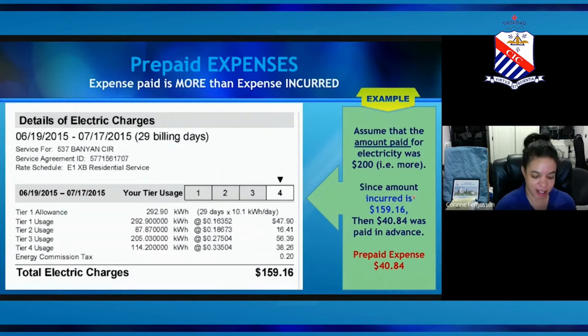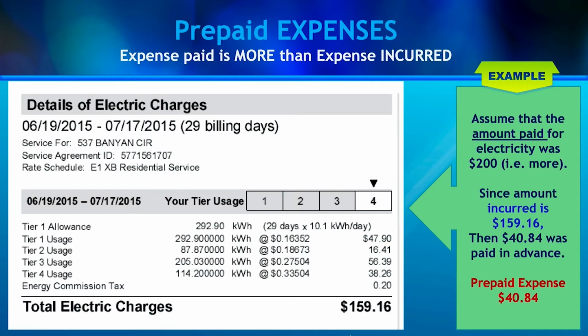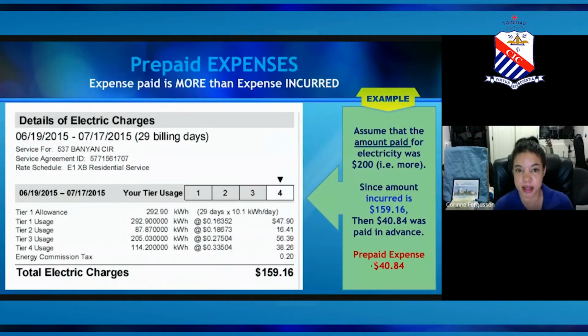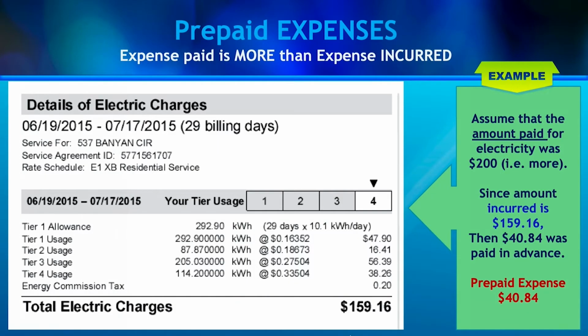So you have come across the term prepaid already. Just remember your phone, and that is what an adjustment is. Prepaid expense is the same thing as your prepaid phone. They call it prepaid phone because you're paying in advance. Just like with this bill here, you paid $40.84 in advance.